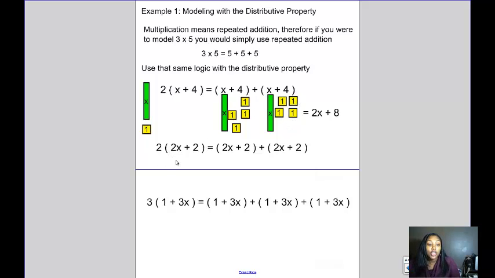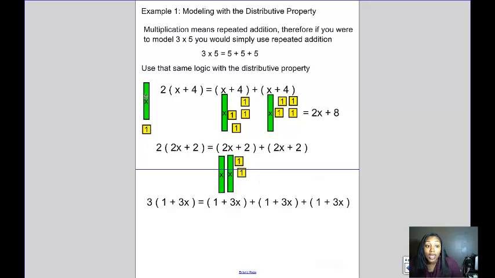Even if we were modeling 2 times 2x plus 2, again, it basically means that we're taking 2x plus 2 and we are adding it twice. So repeated addition again. If I use my tiles to show that, I have my 2 x's plus 2 of my whole numbers.